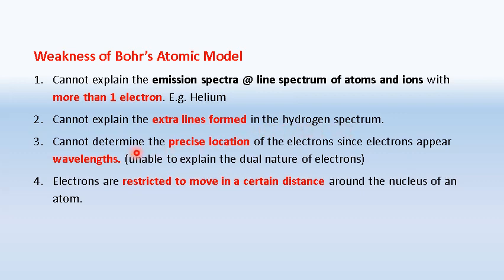And then the third one, it cannot determine the precise location of the electron since electron has a wavelength. So from the start, Bohr stated the properties of electron is like particles, but actually no. So Bohr's atomic model is unable to explain the dual nature of electron. And then the last one is electrons are restricted to move in a certain distance around the nucleus of an atom. It means n equal to 1, n equal to 2, and so on.